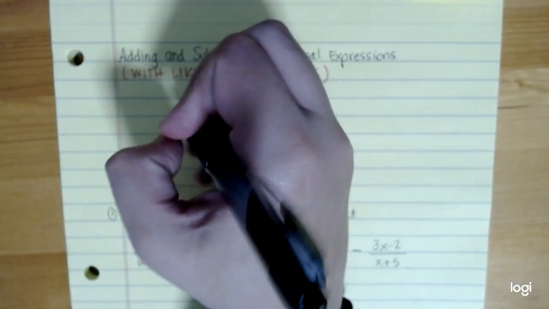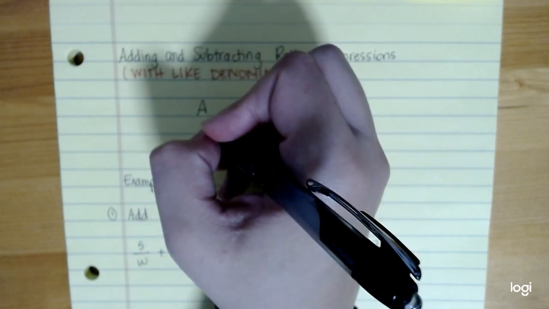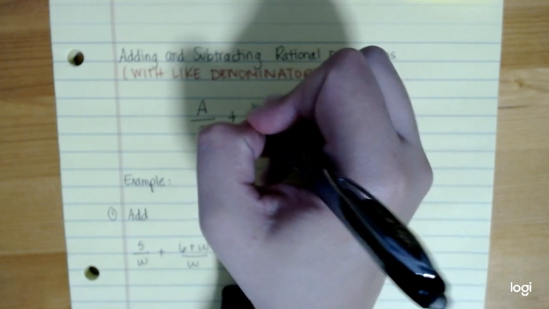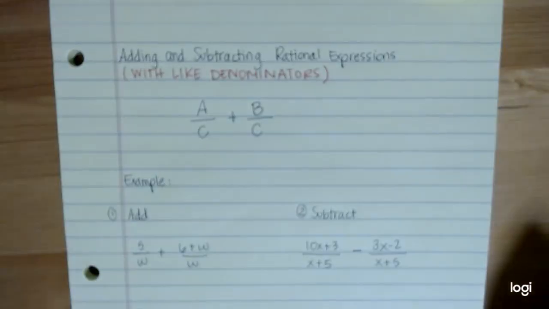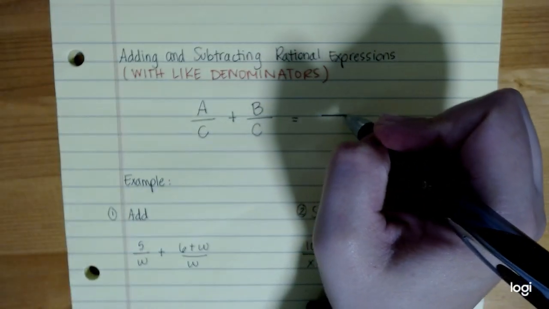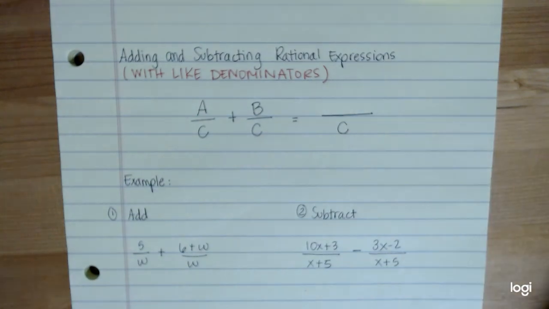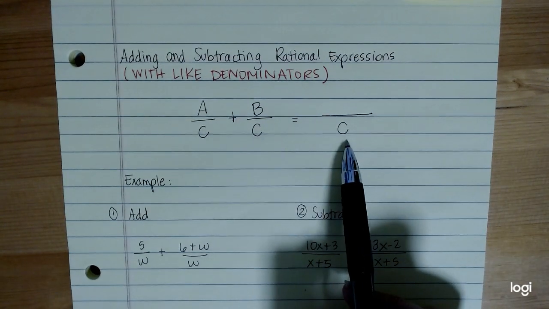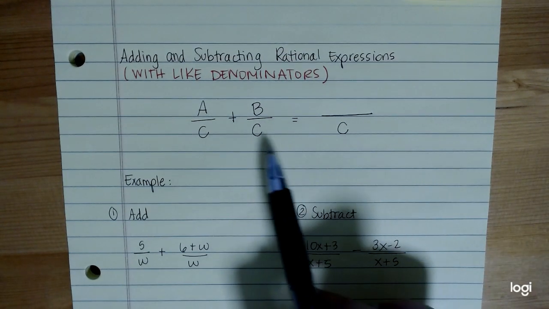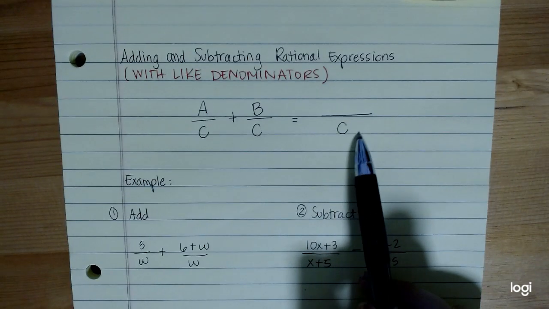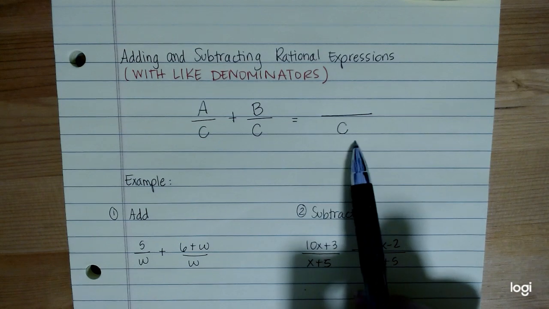If you recall, if I have two fractions, let's say a over c, and I'm adding another fraction with the same denominator c, then to add those two fractions, the very first thing is I write it over the like denominator. Notice that denominator didn't become 2c. I didn't say c plus c. I just said it has the same denominator, so the denominator of my sum will also be c.